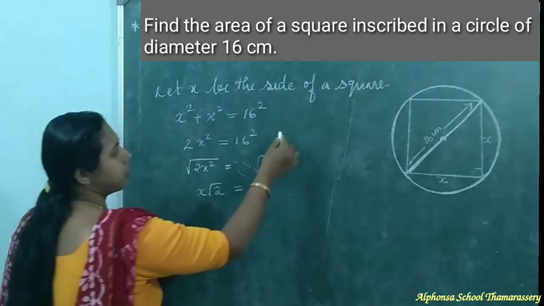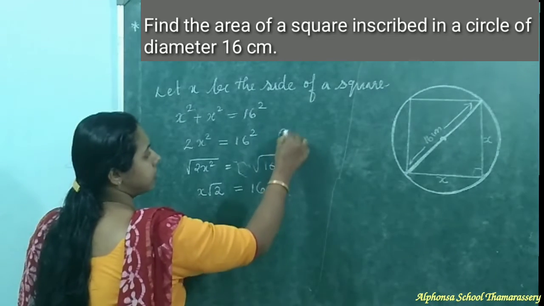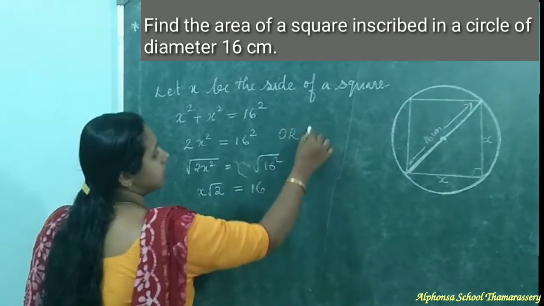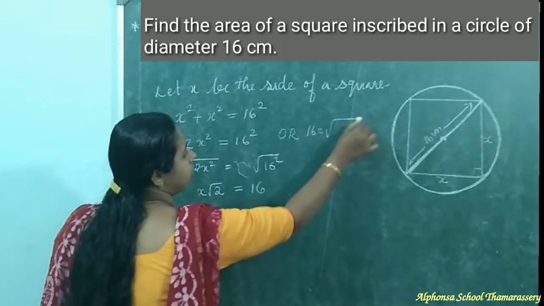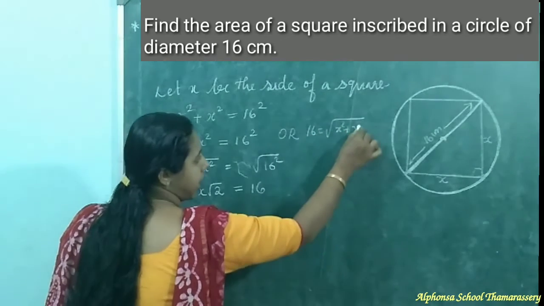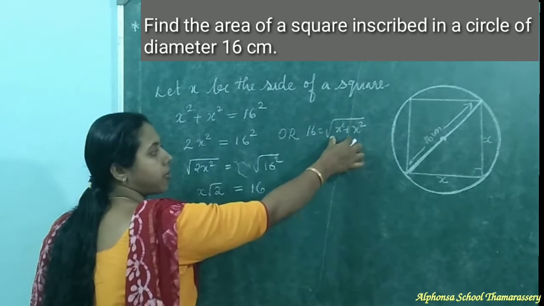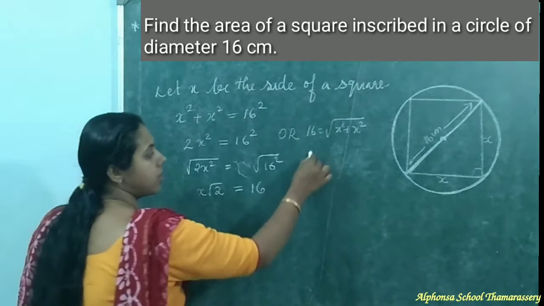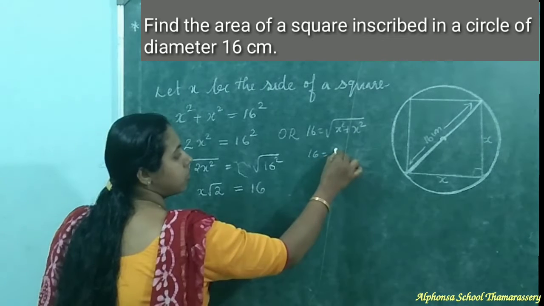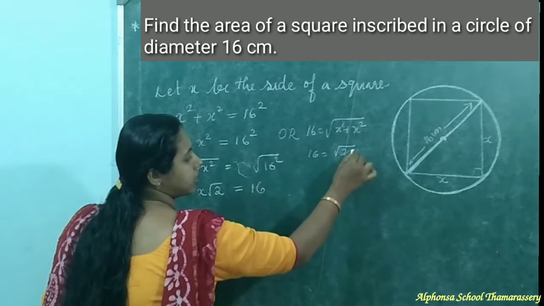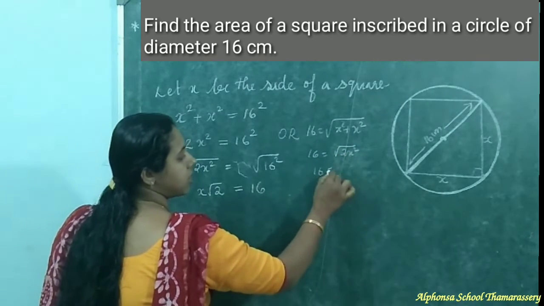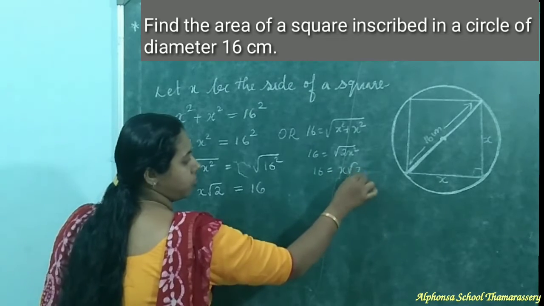Or directly, instead of this, you can use this step this way. 16 is equal to square root of x square plus x square. Hypotenuse is equal to square root of altitude square plus base square. So 16 is equal to square root of 2x square. So 16 is equal to x root 2.